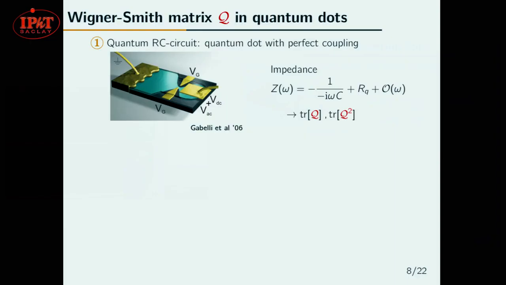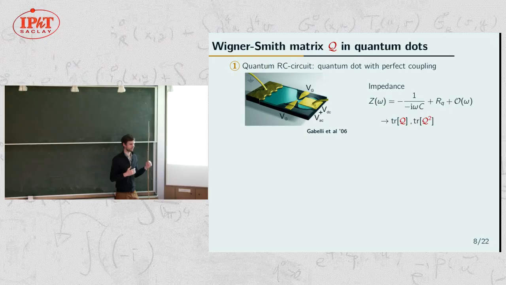So there have been lots and lots of works on studying the transport properties of a quantum dot in equilibrium. So for example, you connect two leads and you apply a voltage difference and you measure the current going through, which gives you access to the conductance of the quantum dot. But if you want to study other properties like capacitance, you need to study the dynamical response. So you have to apply an AC driving, and in this case, the simplest setting is an RC circuit that you make from the quantum dot.